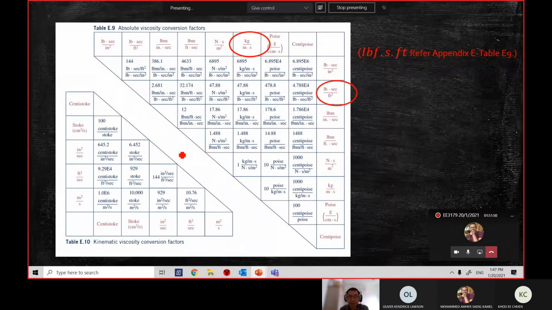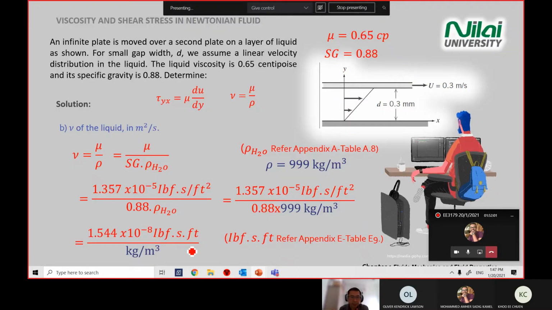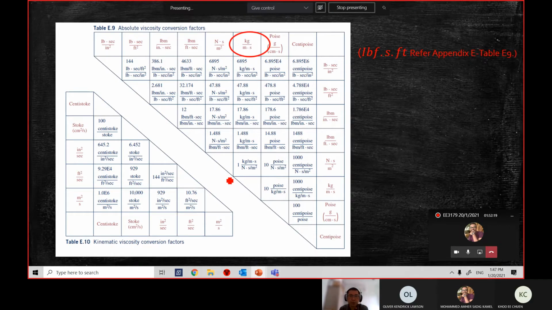Because we are converting into kilogram over meter second, if you look at the slides here, on top is pound second over feet square. There's a square missing in my slides, and kilogram over meter second. So you refer to the table. In here, you look for the two units that you're looking for. One is kilogram over meter second. One is pound second over feet square. You look at the junction of these two row and column. You get this one.